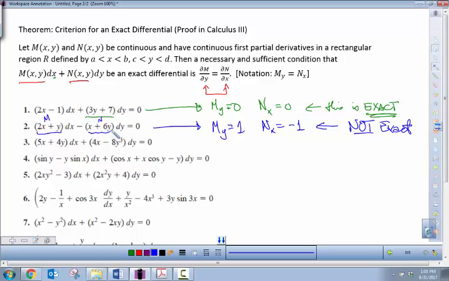So I treat y as if it was a constant, and all I have is x here, which is 1. But there's a negative sign in front of that, so that's a negative 1. So I have Nx is equal to negative 1. Now, unfortunately, 1 does not equal negative 1, so our conclusion here is that this differential equation is not exact.